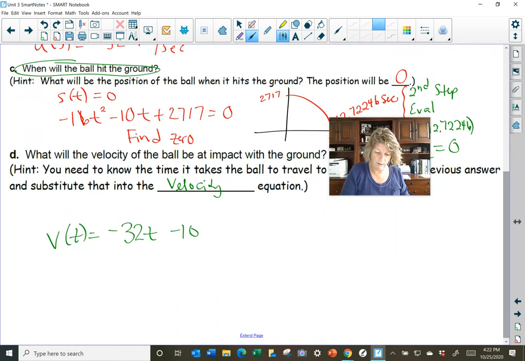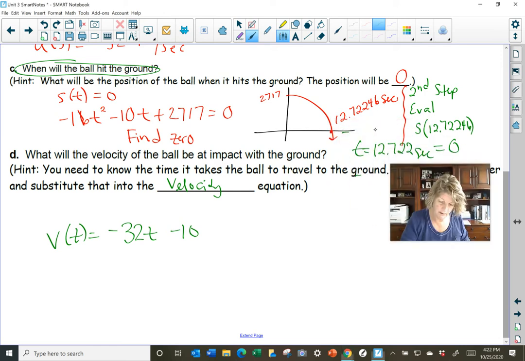All right, so we want to evaluate that at, really I want this. I need a lot of decimal places so that I can be accurate to 3. And I'm going to pop in negative 32t minus 10 into a y2 equation so that I can evaluate y2 at my stored value of alpha A.